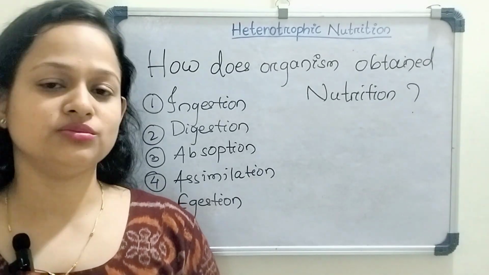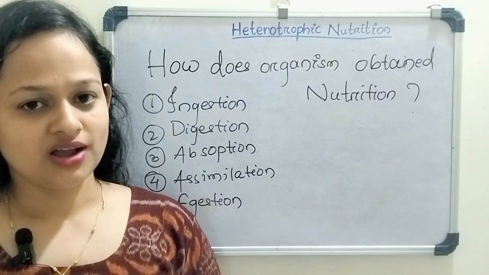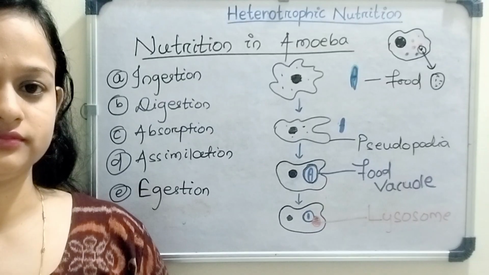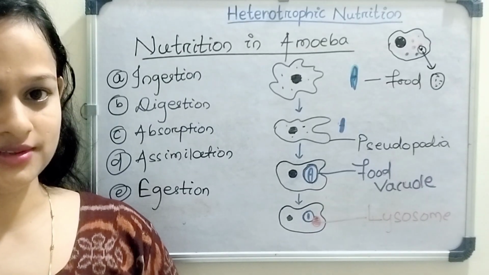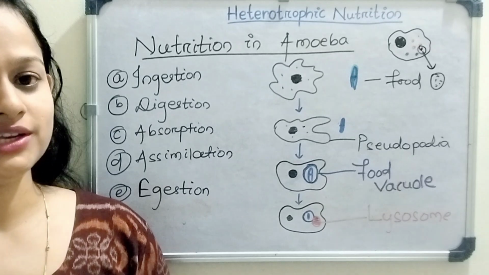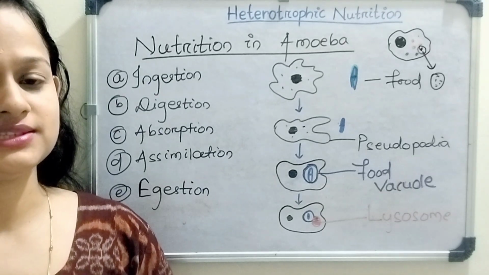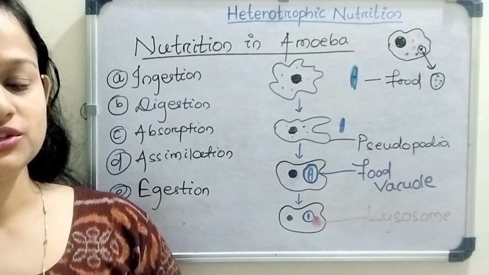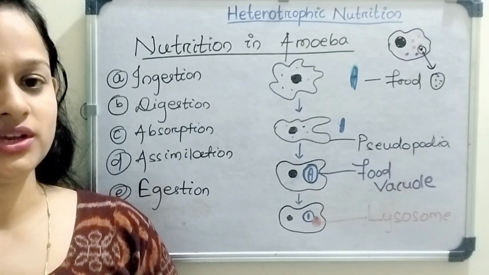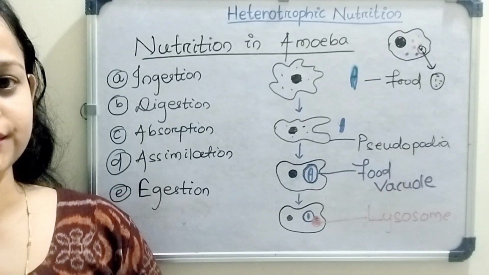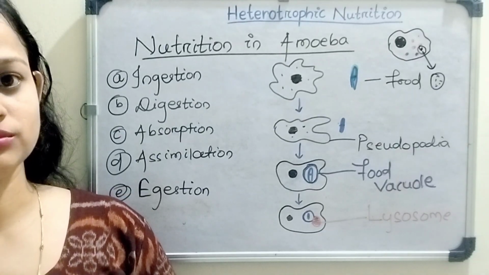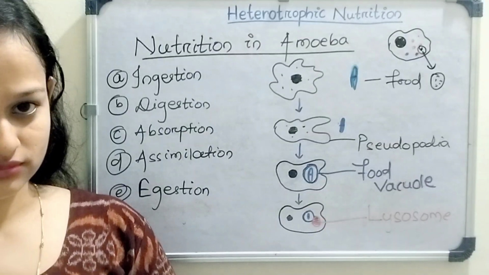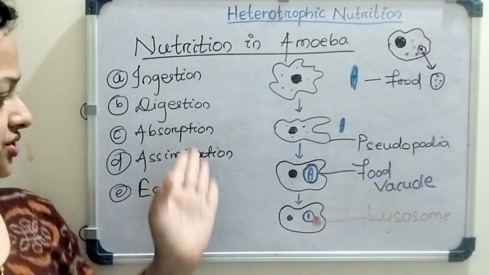So first come to the nutrition in amoeba. As amoeba is a unicellular organism, all its events carry out in a single cell, and amoeba is the simplest holozoic organism, and it carries out all the processes of nutrition by 5 steps.